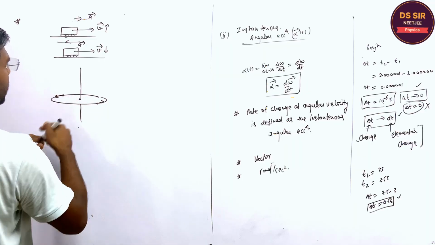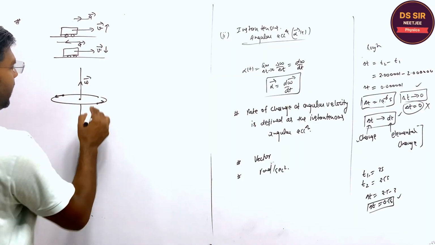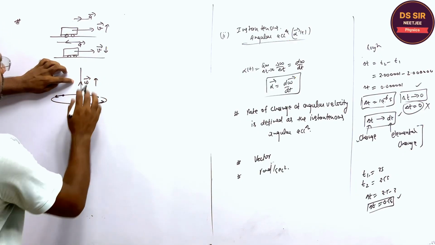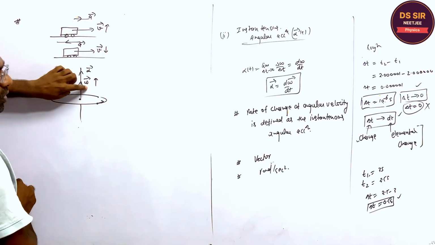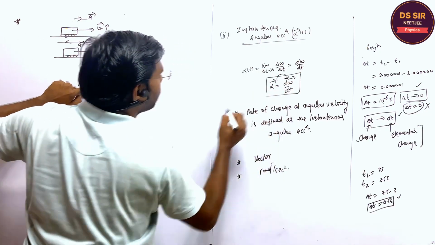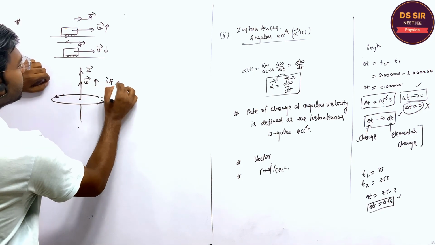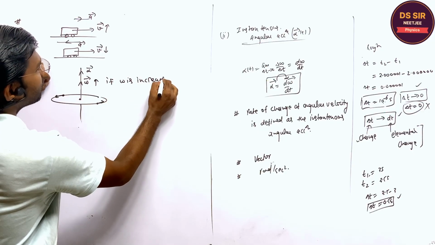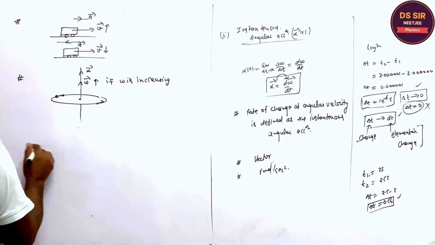If it is rotating like this and the angular velocity is in this direction, and the angular velocity is increasing, then the angular acceleration, which is an axial vector similar to omega because it depends upon omega, will be in the same direction. If omega is increasing, what is the direction of alpha? The same as the angular velocity.